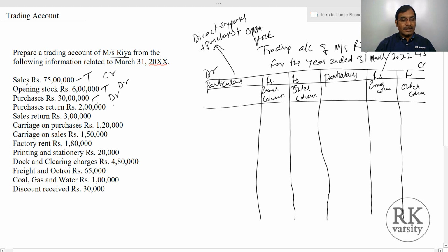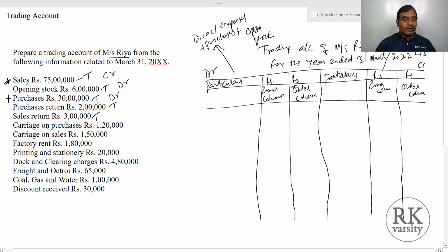Purchase returns also go in the trading account, and we deduct them from purchases. So when entering purchases, you put a mark saying it has some adjustment to be made. Then sales returns, on the credit side, we deduct from our sales. So for sales also you make a mark, meaning sales has some adjustment.